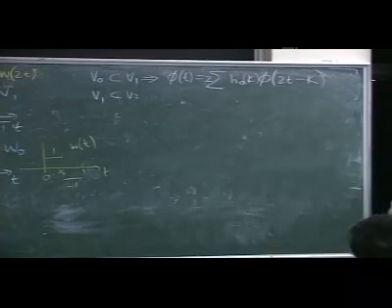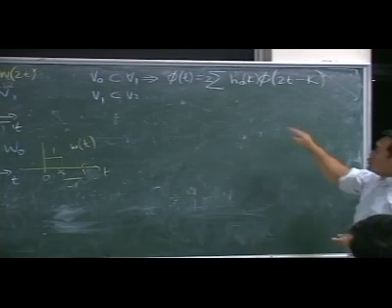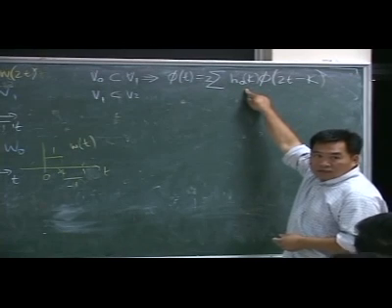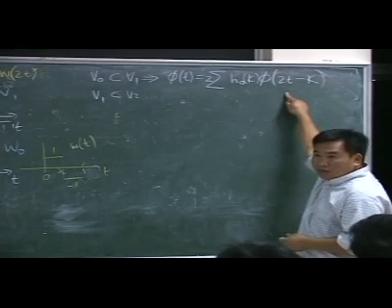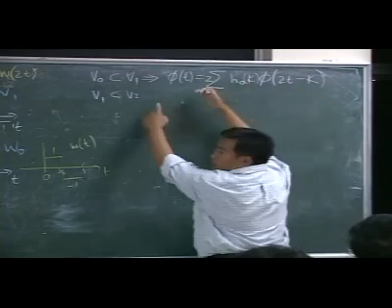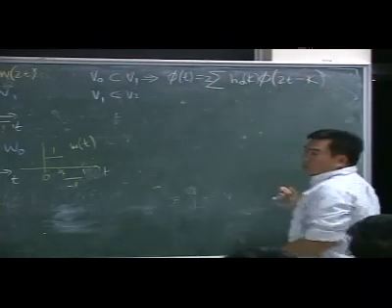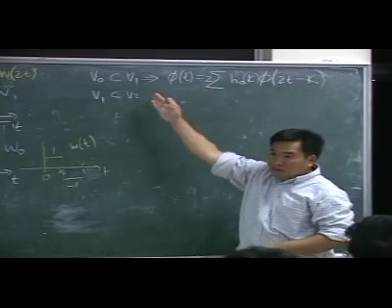This is scaling, okay? If I can find a set of numbers h naught so that this is true, then I'm done, right? It's saying that I can represent a basis function in V0 in terms of V1. It means that V0 is in V1.